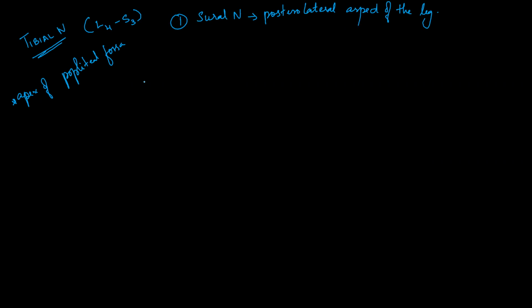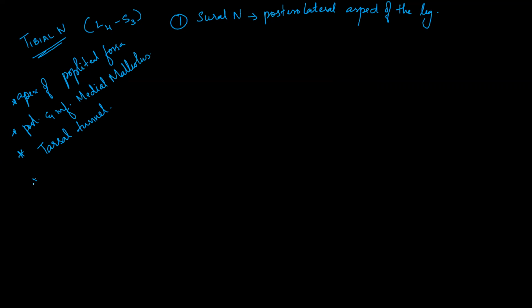Then it continues downwards and passes posteriorly and inferiorly to the medial malleolus, and goes through a structure called the tarsal tunnel.